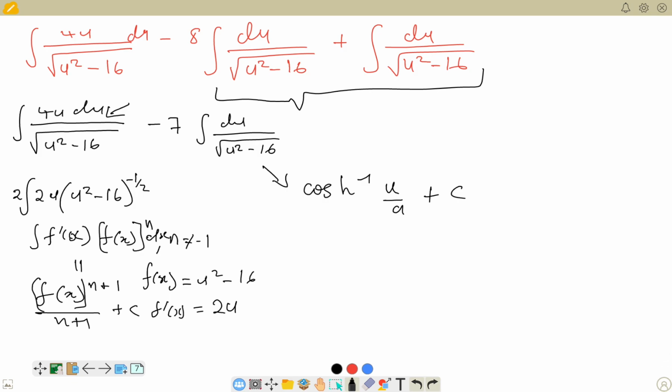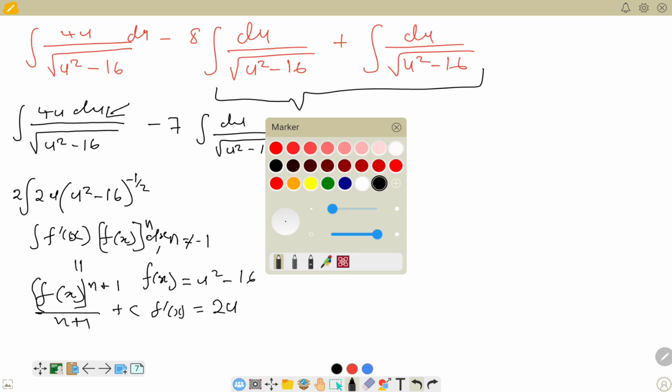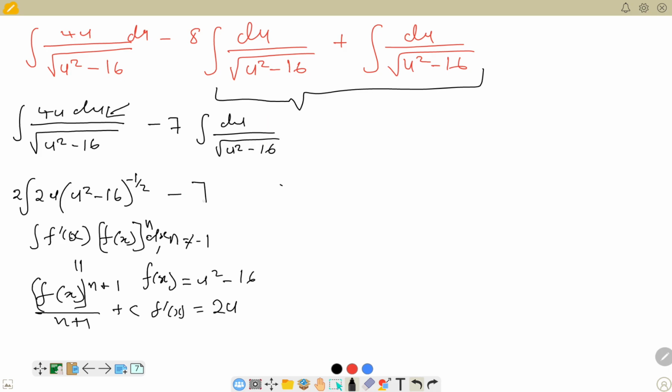So what we need to do from now, let's erase this. We are having negative 7 du over the square root of u squared minus 16. So this whole thing, when we integrate the first part, we will use the formula there. So 2 is outside the integral.